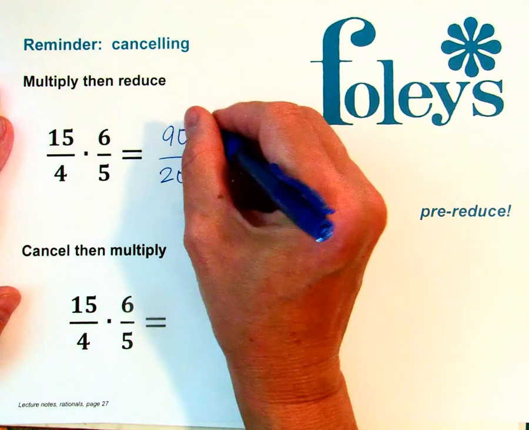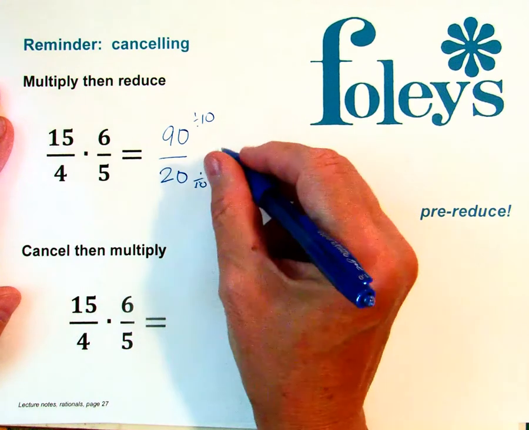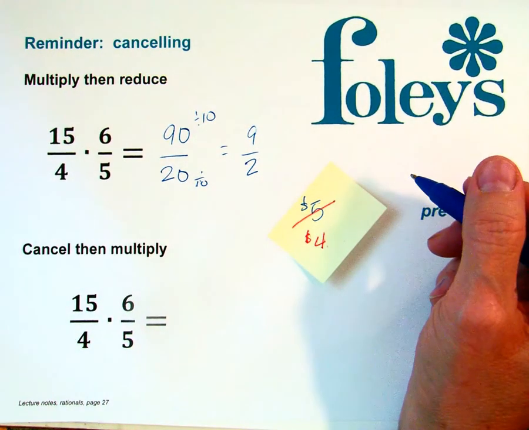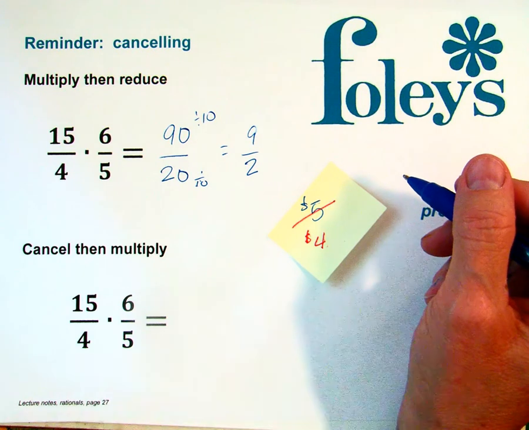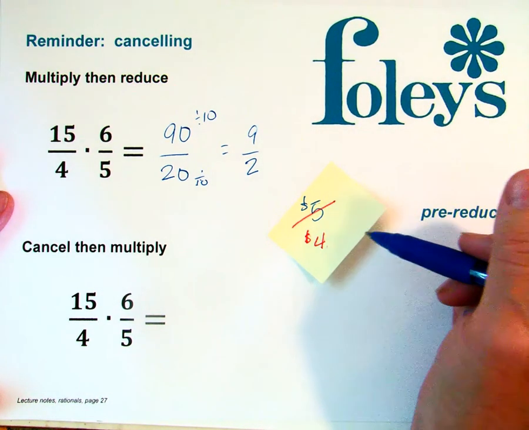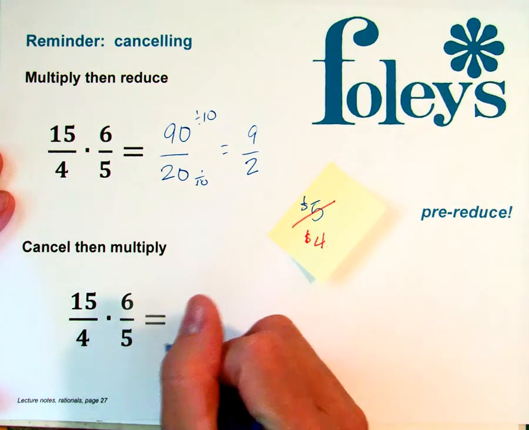Then you divide both of them by 10, and you get 9 over 2. That would be your final answer unless you needed it to be a mixed number, in which case it would be 4 and a half.